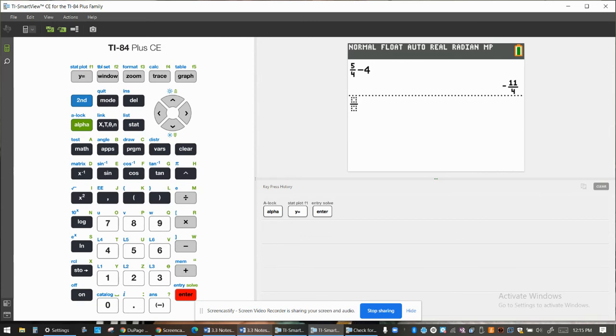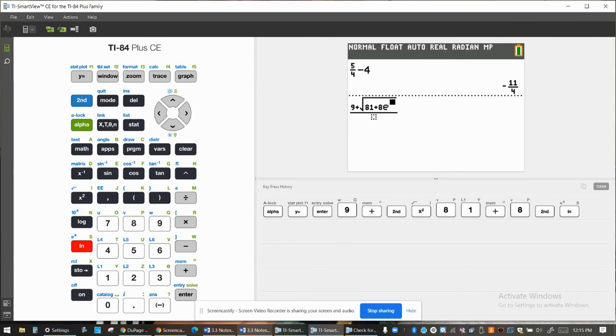And then I do 9 plus, then I do the square root. Then 81 plus 8e cubed. So that's second natural log. And then come down and put the 4.